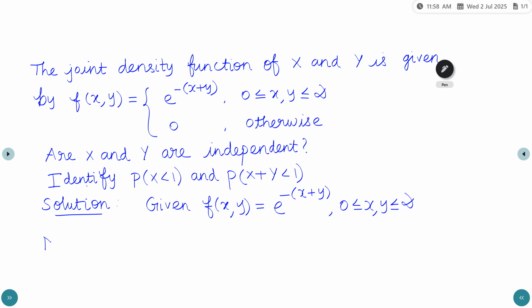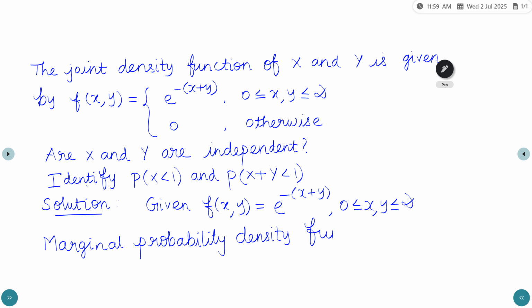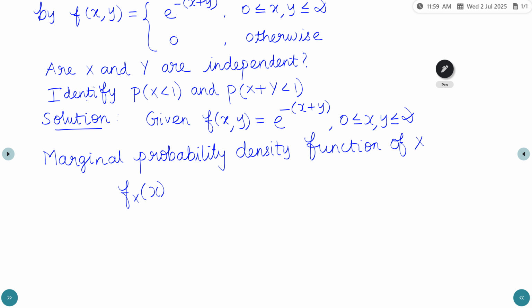So first one, the marginal probability density function of x, f x of x.